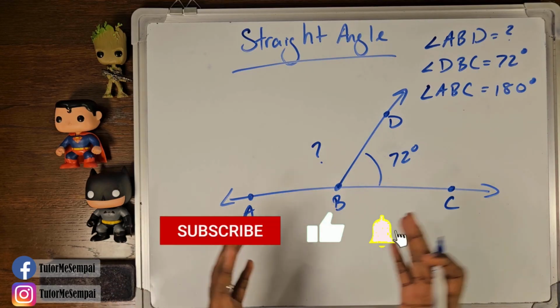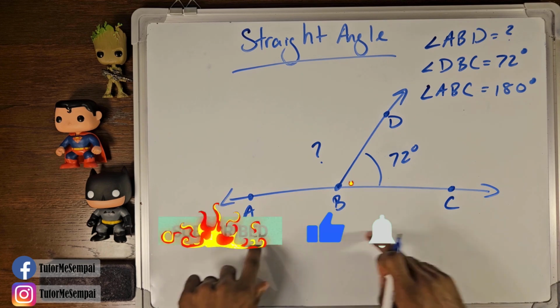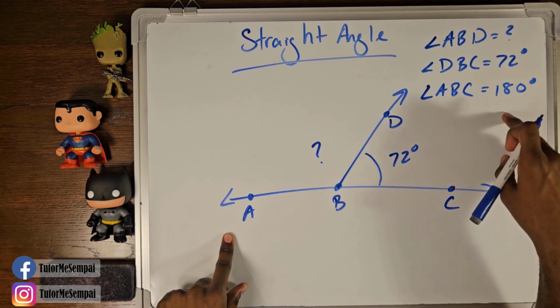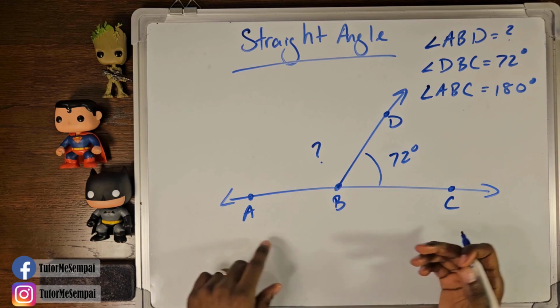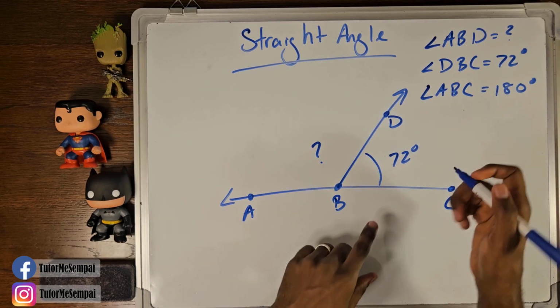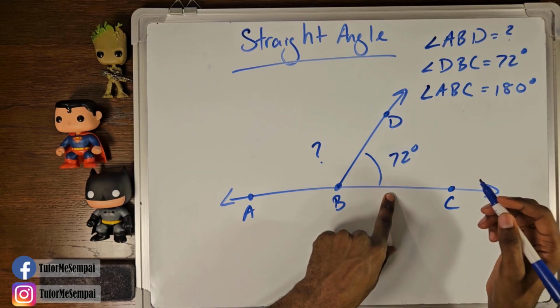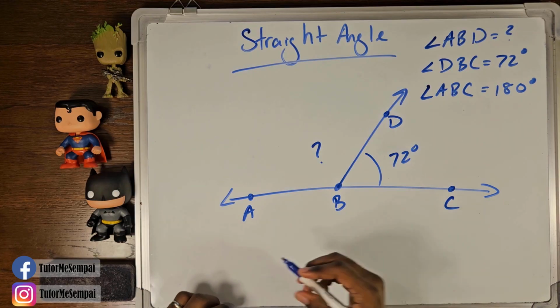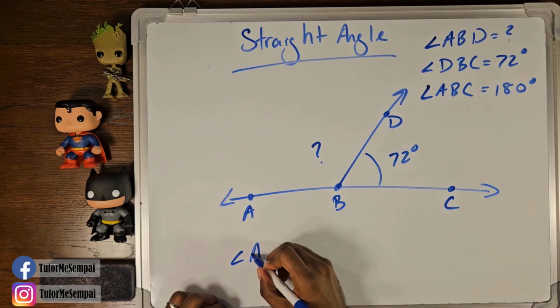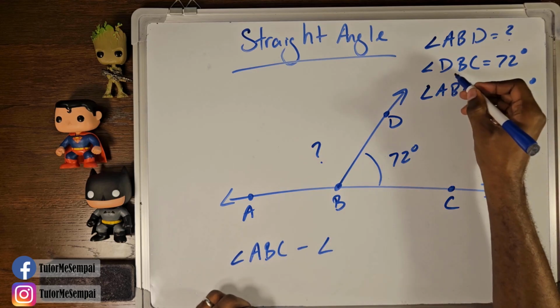So once again, if we're trying to find our missing angle, and we know the big angle, right? The big angle is going to be the straight angle, which in this case is 180 degrees, and we know that this angle was pretty much cut into two pieces, and we're told one piece. How do we find that last angle? More subtraction. So let's subtract angle ABC minus angle what?